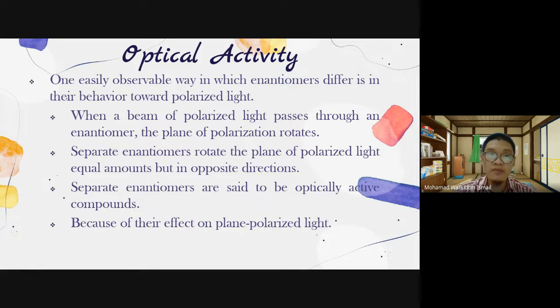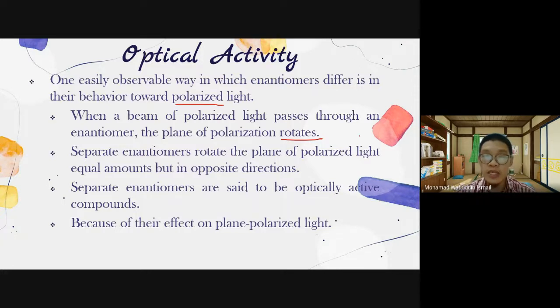One easily observable way in which enantiomers differ is in their behavior towards polarized light. When a beam of polarized light passes through an enantiomer, the plane of polarization rotates. That's quite a distinguished property of enantiomers.